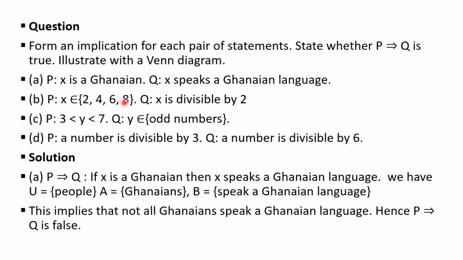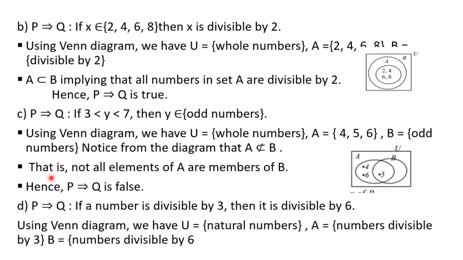The next statement is P: S belongs to 2, 4, 6, 8. Q: S is divisible by 2. So look at all of these, and indeed they are all divisible by 2. We are going to look at this in the next slide. The next one is, if a number is divisible by 3, then it's divisible by... Let's move on.